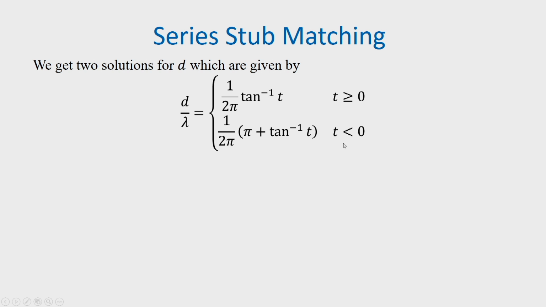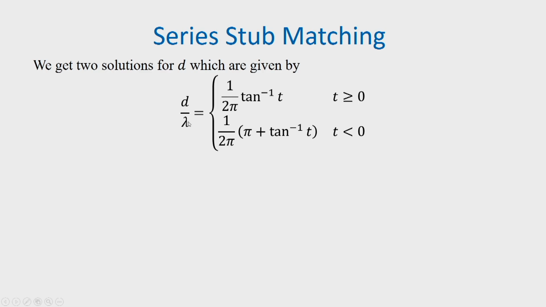So, we have two possible values of t, and depending upon whether it is greater than 0 or less than 0, we will get two solutions for d or d by lambda.